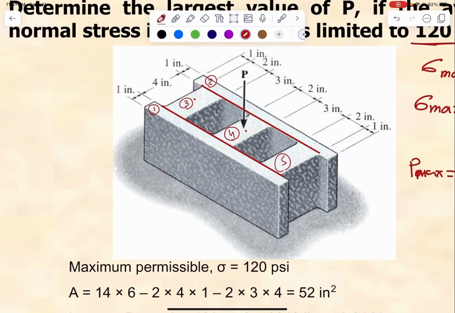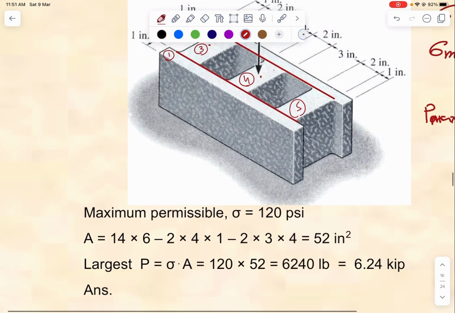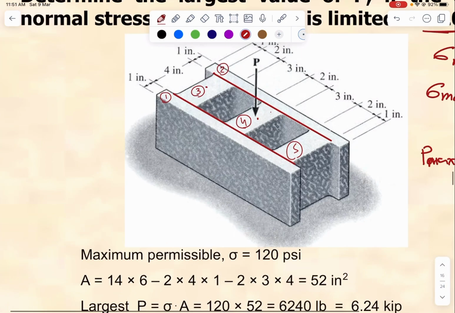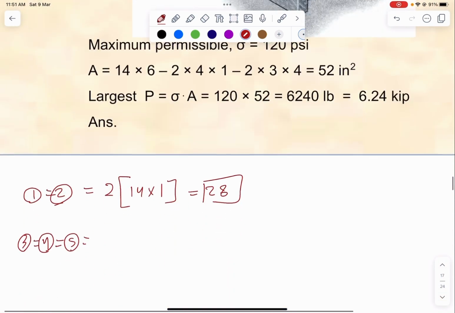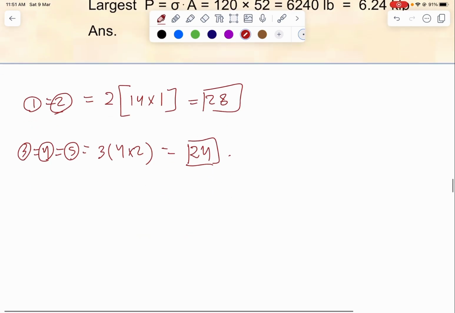And now we need to calculate this one. 4 times 2, 4 times 2, 4 times 2. So area 3 is equal to 4 is equal to 5, which is 4 times 2. I multiply them by 3 because they are 3. This is the summation of the area.